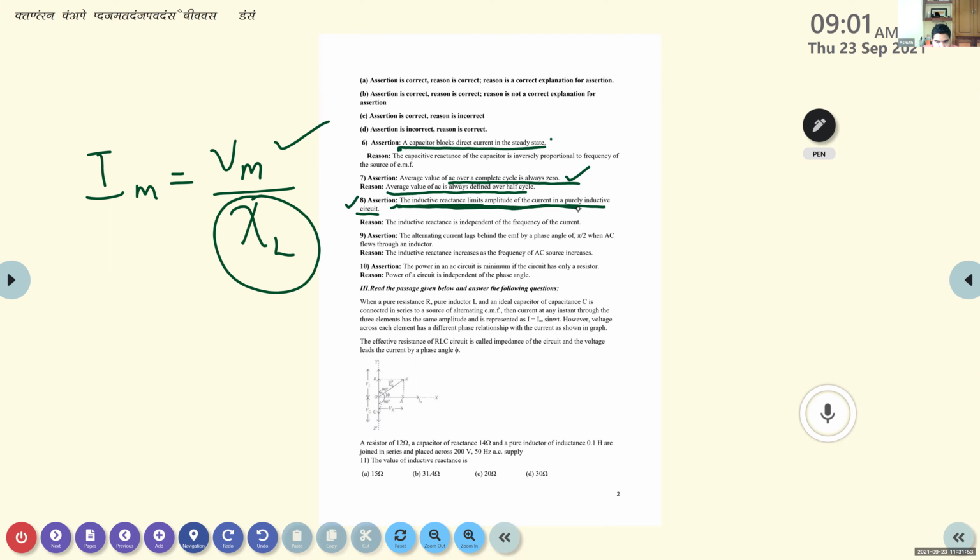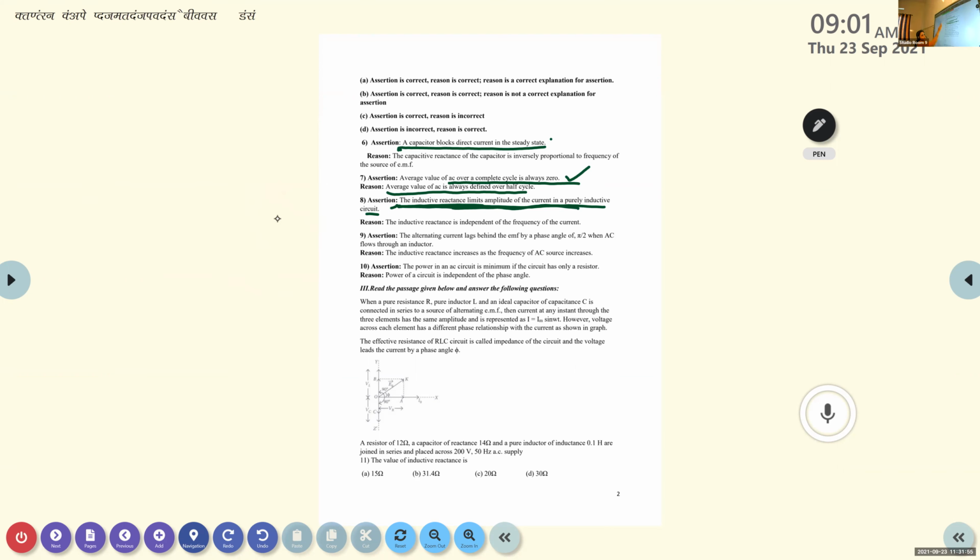It is incorrect because, according to the equation, X_L is equal to L omega, that is equal to 2 pi f. Here the inductive reactance depends on frequency. They are directly proportional to each other. Whenever the frequency increases, inductive reactance also increases. So here the reason is false or incorrect, but the assertion is true.